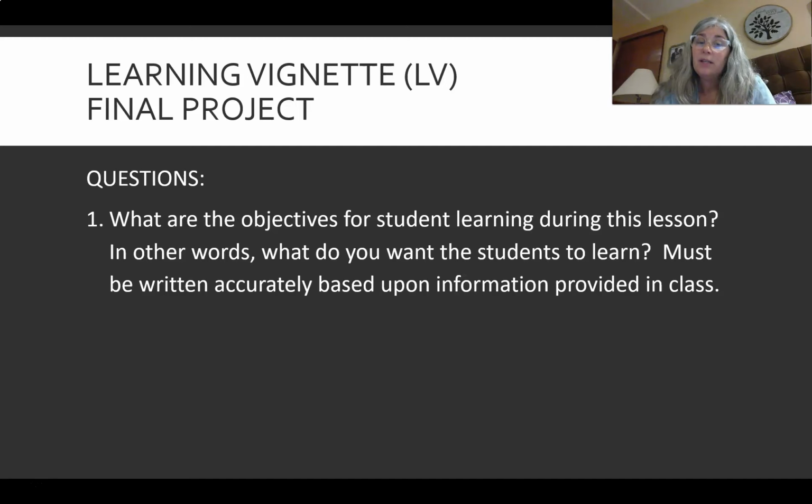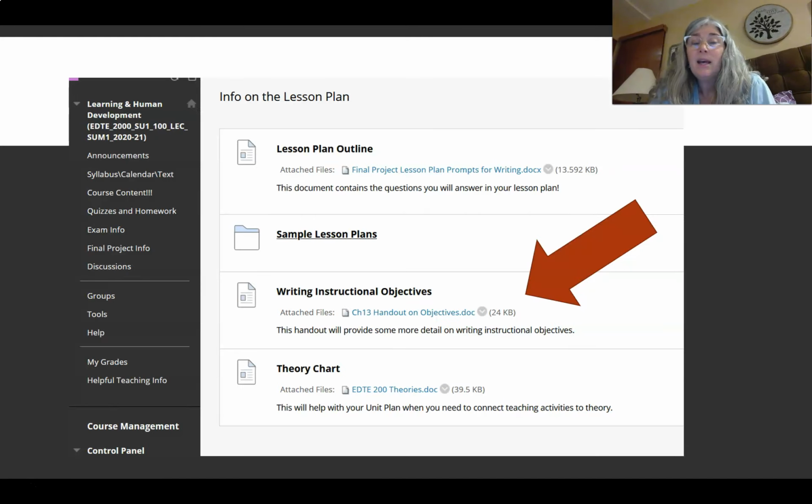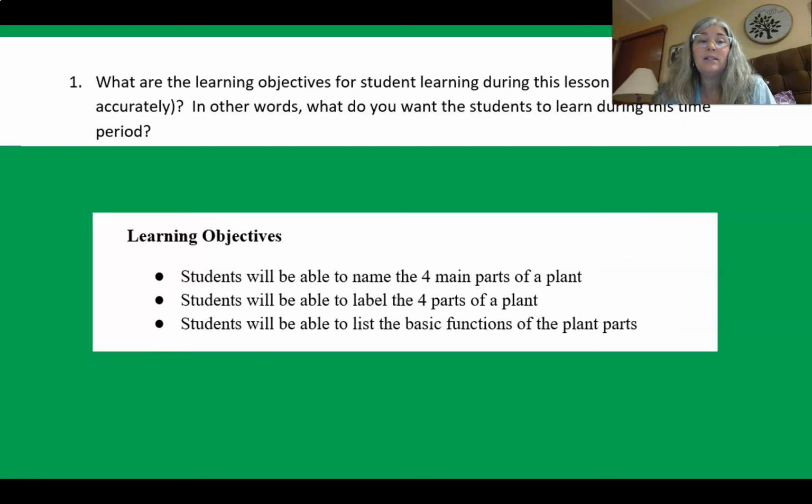I am going to be looking to make sure that these are written correctly based upon what we've covered in class regarding writing learning objectives. I've also put that on the Blackboard site, so there's a little handout on there if you need a refresher regarding writing learning objectives. And on the green slides for today's video, you're going to see a sample answer.